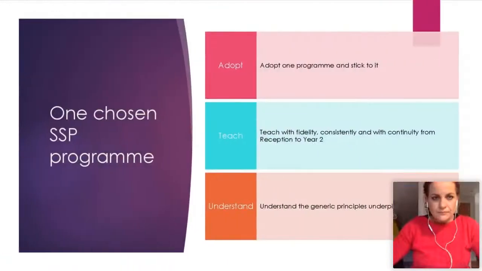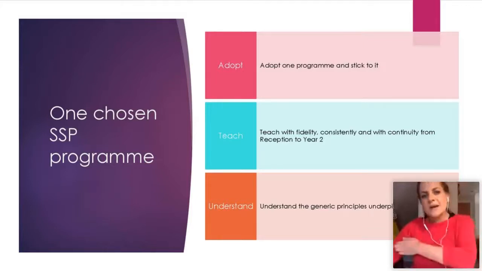The recommendation is that you adopt one phonics programme and you stick to it. That's what we mean by fidelity. Of all the different schemes out there, whether it's Jolly Phonics, Letters and Sounds, Floppy's Phonics or Read Write Inc, we choose just one and stick to that programme.